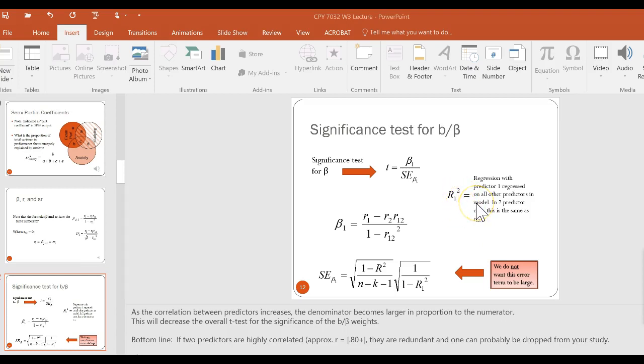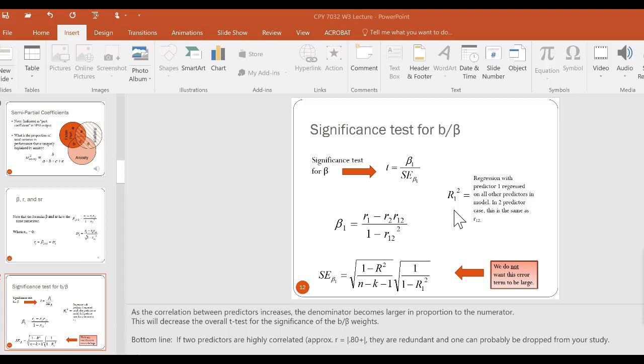And basically this just means that we have predictor 1, whichever one's in the subscript, regressed on all the other predictors. So we're going to treat it as the DV and regress it on all the other predictors in the model. And then we're going to get a value for that. And that's akin to the R1 squared that we had in the prior slide.